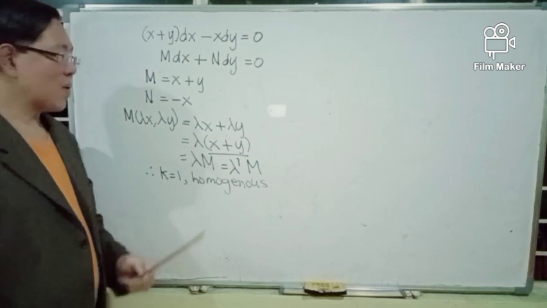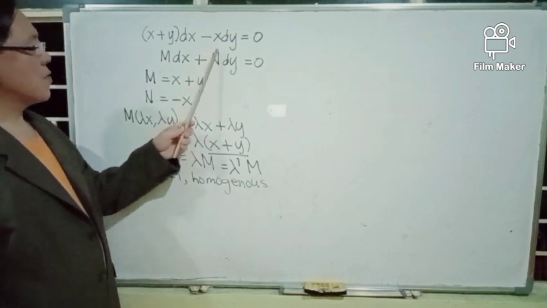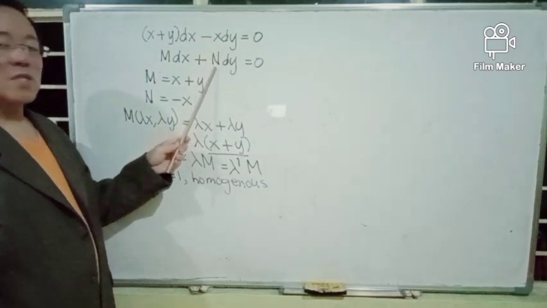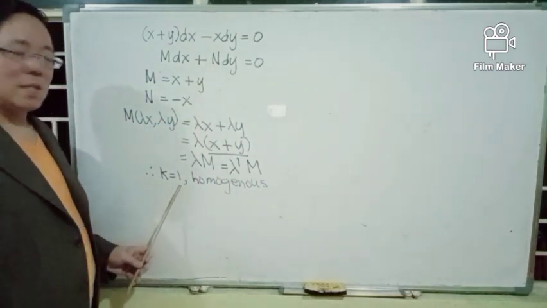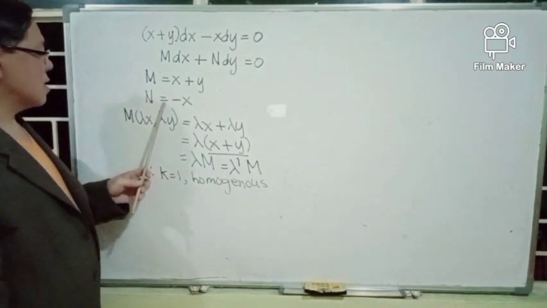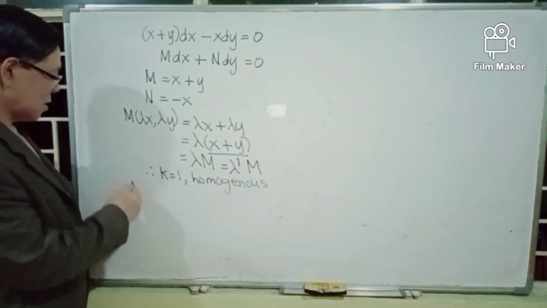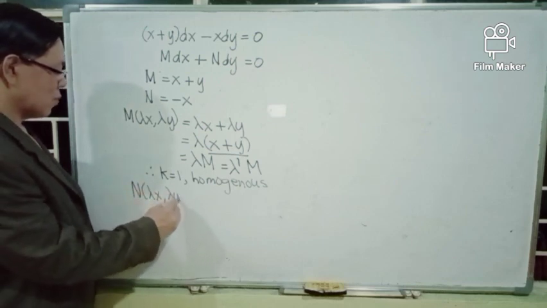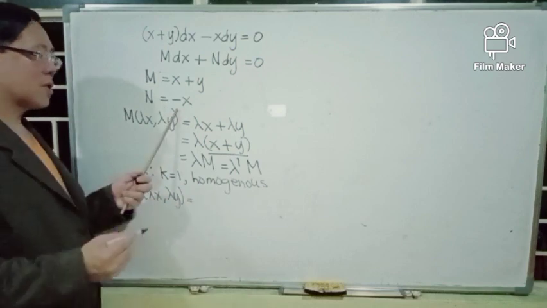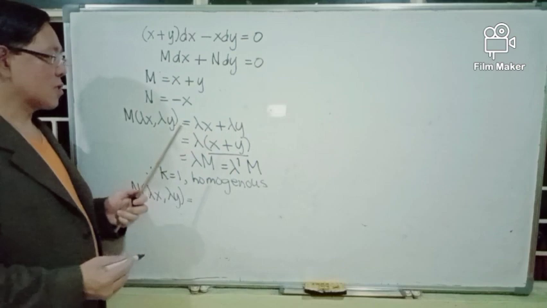Now we check if the coefficient of dy, negative x, which is equal to N, is also homogeneous of the same degree 1. In N equals negative x, we replace x with lambda x and we replace y with lambda y, although there is no y in the function N of x y.